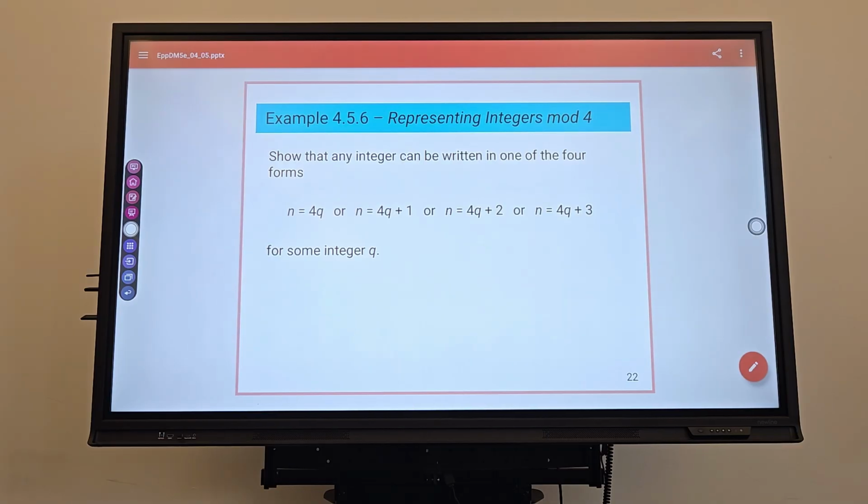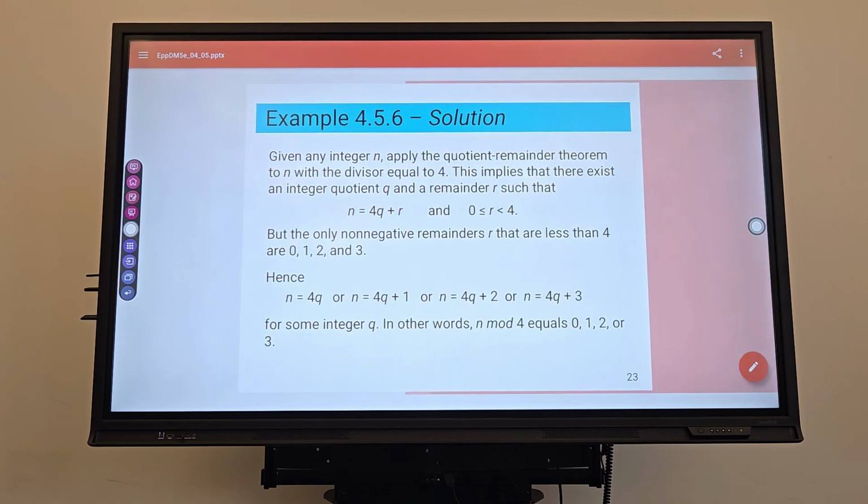Show that any integer can be written in one of the four forms, for some integer q: n equals 4q, n equals 4q plus 1, n equals 4q plus 2, or n equals 4q plus 3. Well, given any integer n, apply the quotient remainder theorem to n with a divisor equal to 4.